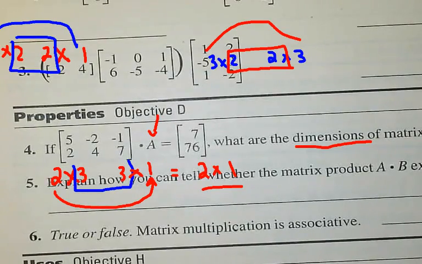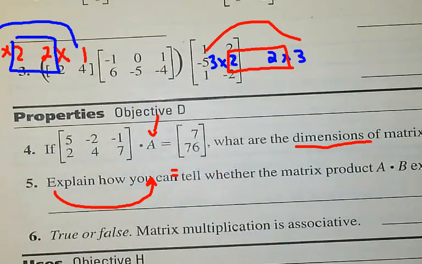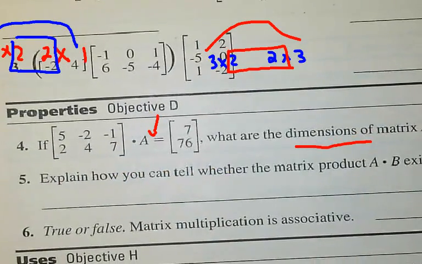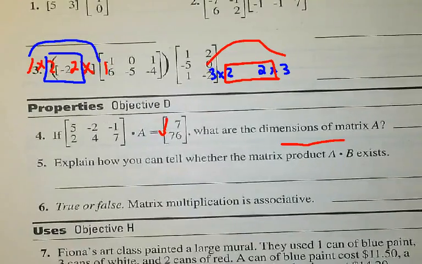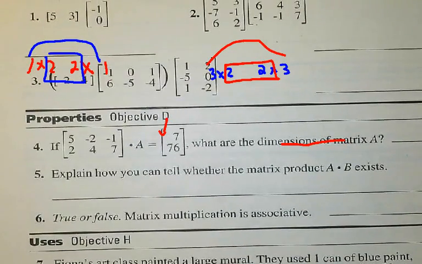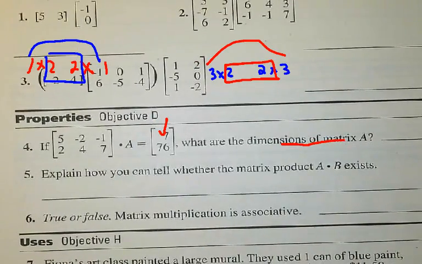Let me erase this one right here. Alright, oops. And then the next question, how do you know whether you can multiply? And we've got it up here really clear.